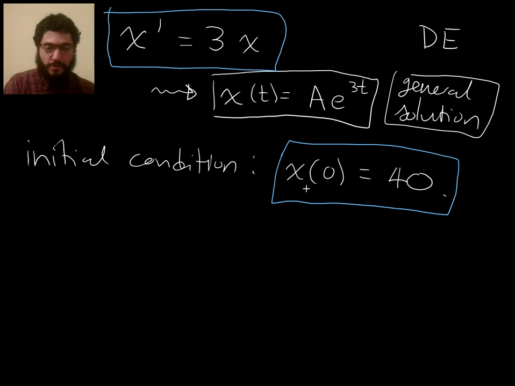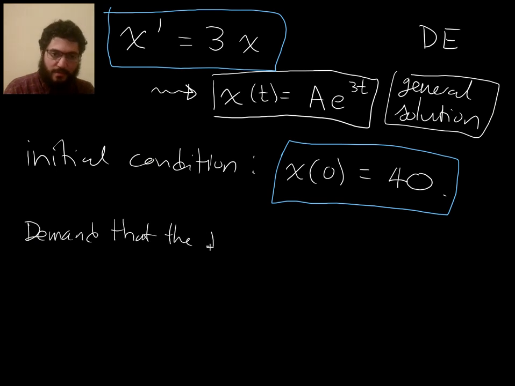Because the initial condition allows me to solve for the free parameter here in the general solution to get a specific solution. So the differential equation gave me the general solution. If I now impose the initial condition, so I'll demand that the initial condition hold, then what do I get? So the left-hand side is x of 0. That's a e to the 3 times 0, which is a.